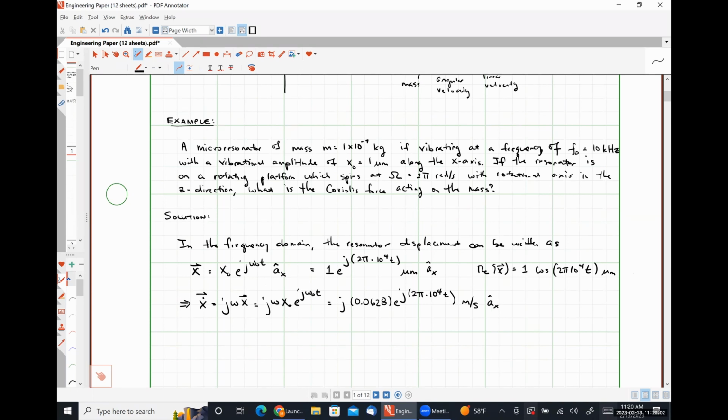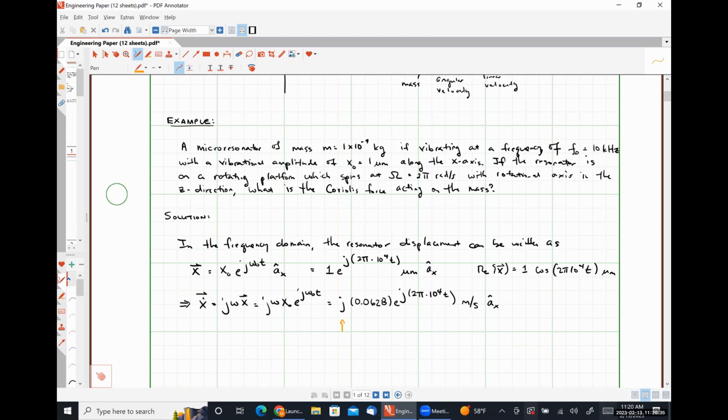Also in the equation, this j right here represents a 90-degree phase shift, right? For the electrical engineering students, they probably have a pretty good idea of what this means, but this is a mechanical system. So effectively what this j represents is a 90-degree phase shift between the velocity and the displacement, meaning that when the displacement is 0, the velocity will be at its maximum. And when the velocity is 0, the displacement will be at its maximum.